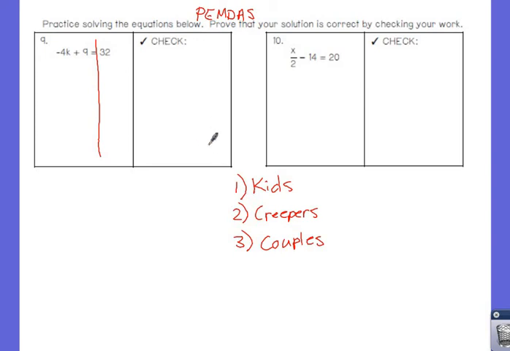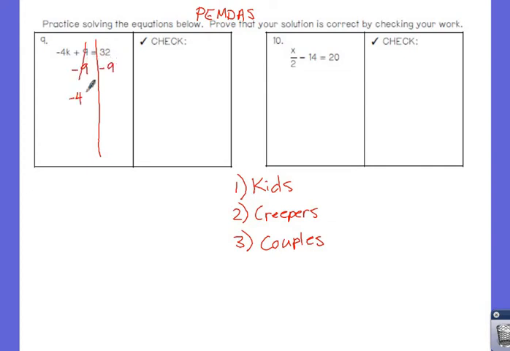All right, so in number 9, what characters are involved in this story? Kids and a couple. So I don't have any creepers. So order of operations, do we have any kids? Yes. All right, who's the kids? 9. How do I move 9? Subtract them. I'm going to subtract 9.